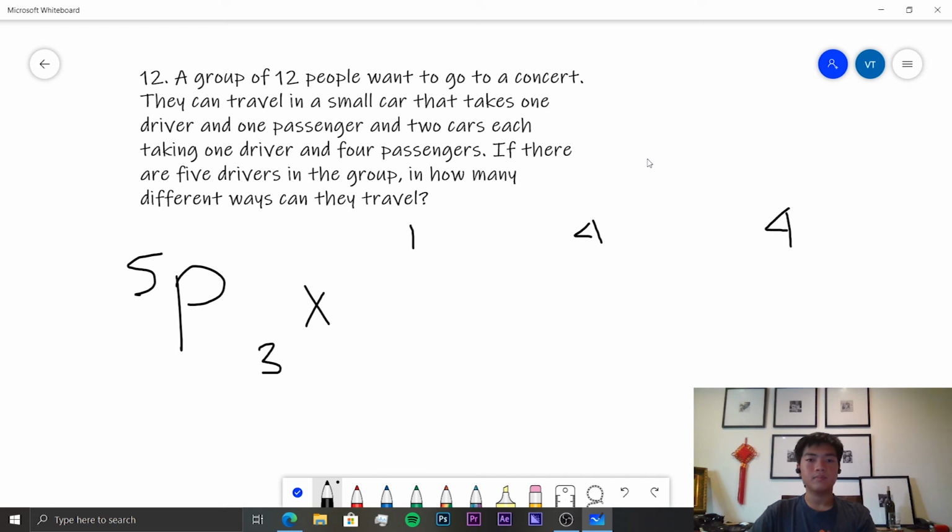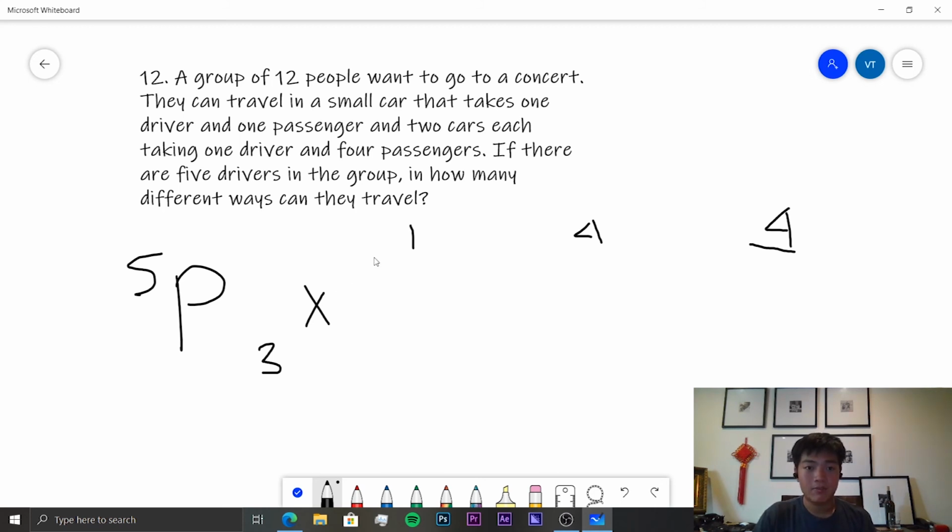Well, this would be the simplest way. You need to first get 4 people to go into the second car. And the order doesn't matter, since if the same 4 people are in the car, even if they are sitting in different seats, they're still traveling the same way.